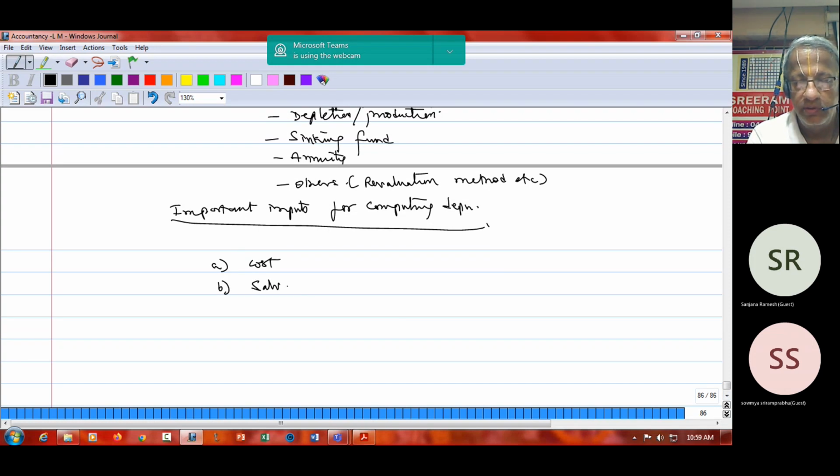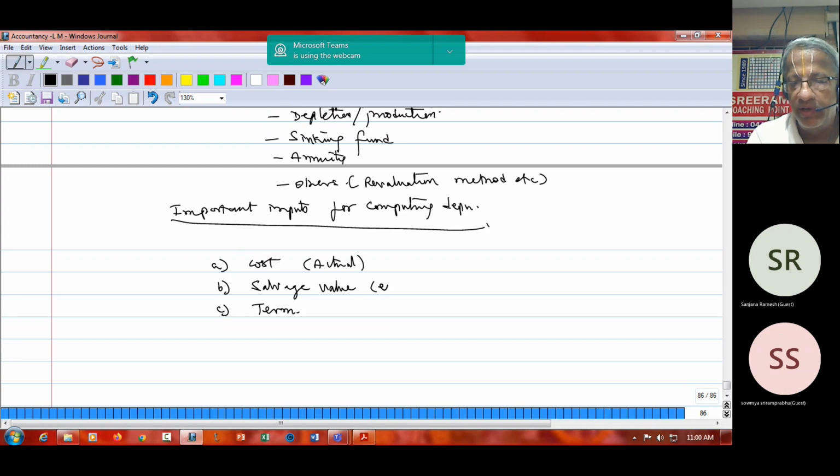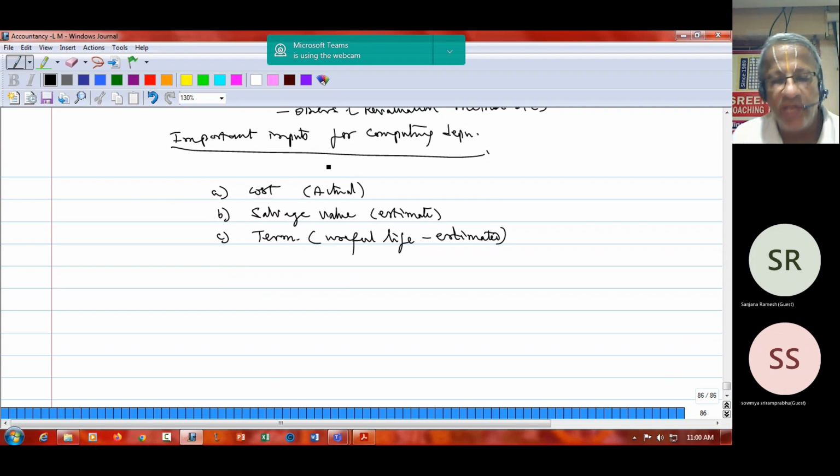B, salvage value. Term. Important inputs for computing depreciation are cost, actual; salvage value, estimated; and useful life, estimated. Correct? Yes. Cost, salvage value, and the term.